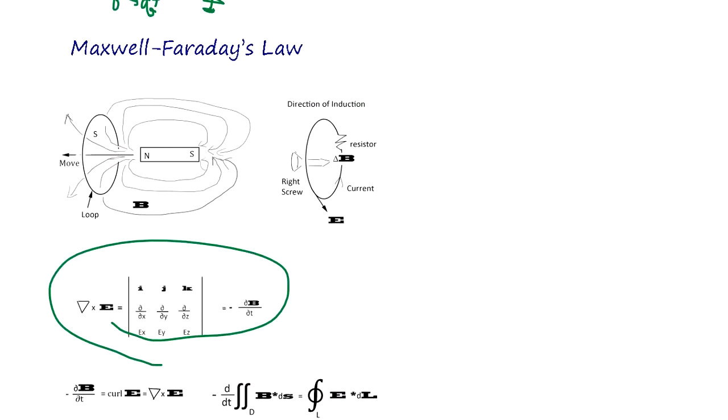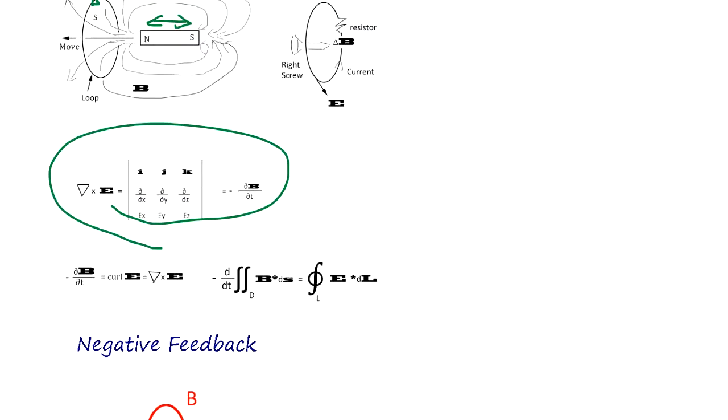So the next one is Maxwell Faraday's law. What it says is that if you move a magnetic field around this conductor, then you generate the current. Well, actually what you generate is an electric field, and the equation looks like this.